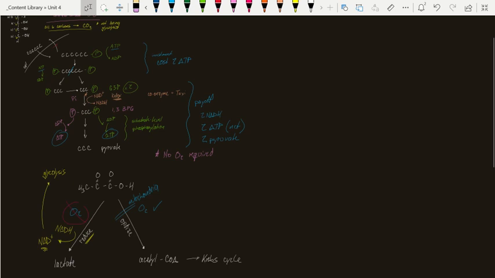Once glycolysis is ended, what I do with pyruvate is dependent on the presence or absence of oxygen. In the absence of oxygen, I reduce the pyruvate to form lactate. This is lactic acid fermentation. The purpose of fermentation is to recycle NADH back to NAD+ so that I can continue to run glycolysis, that redox step, from glyceraldehyde 3-phosphate to 1,3-bisphosphoglycerate.